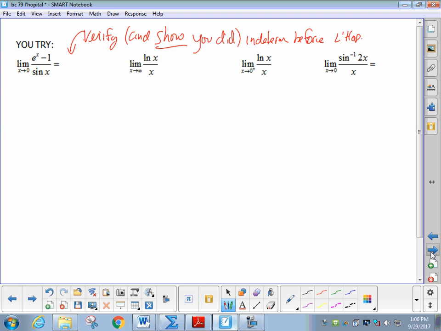So the derivative is one over the square root of one minus... only use this derivative idea when... It's not 0 over 0.